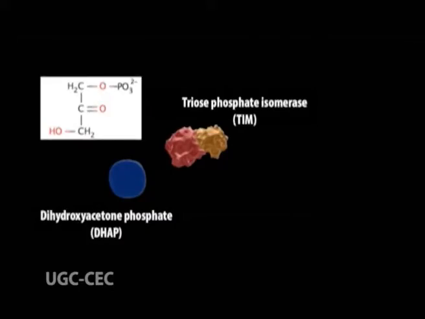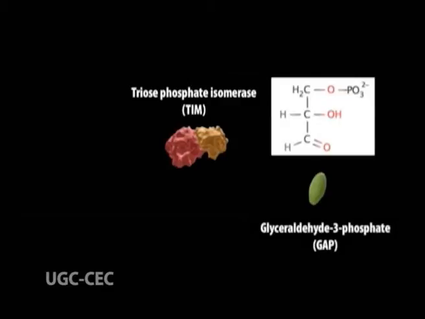As a result, all of the dihydroxyacetone phosphate, DHAP, molecules produced are further acted on by the enzyme triose phosphate isomerase, TIM, which reorganizes the DHAP into GAP so that it can continue in glycolysis.